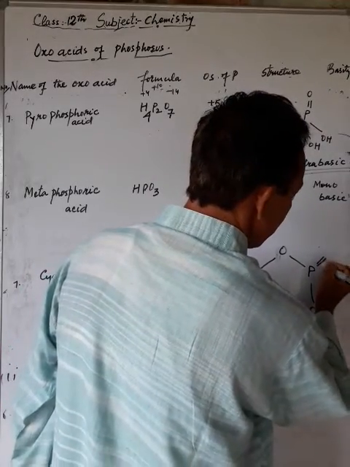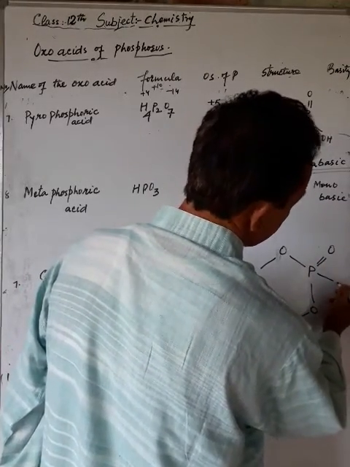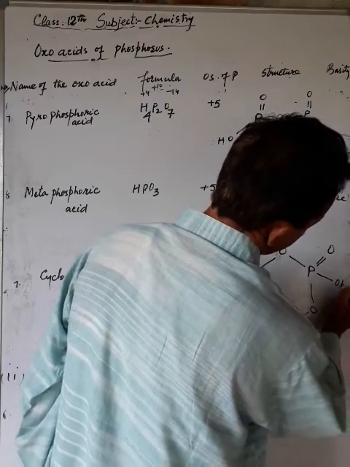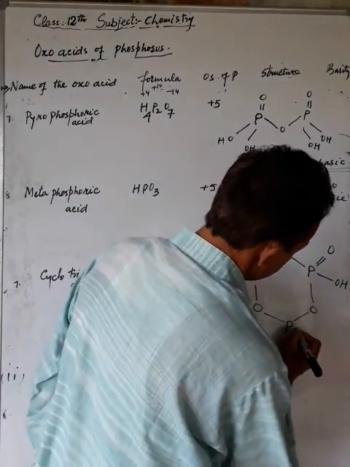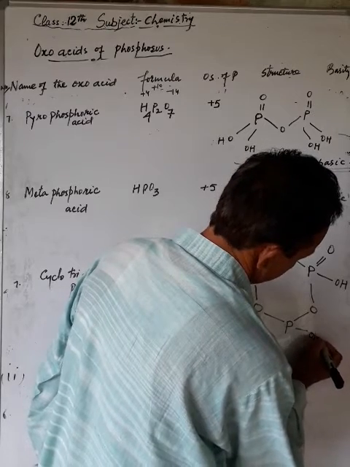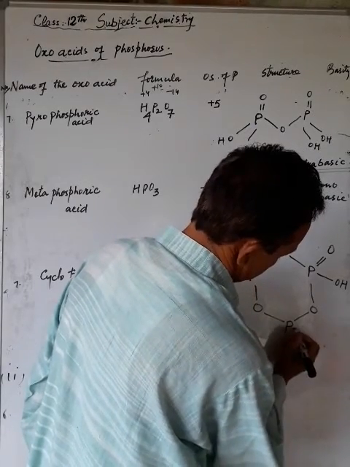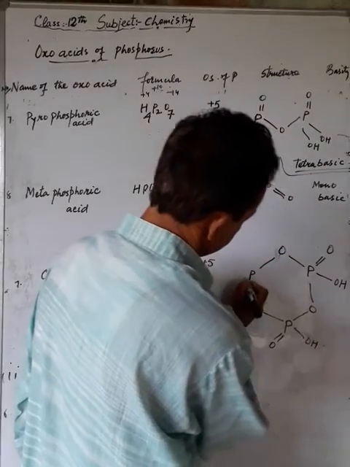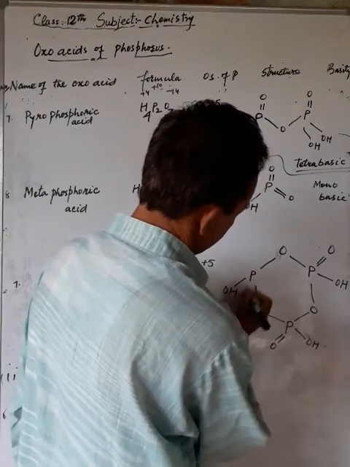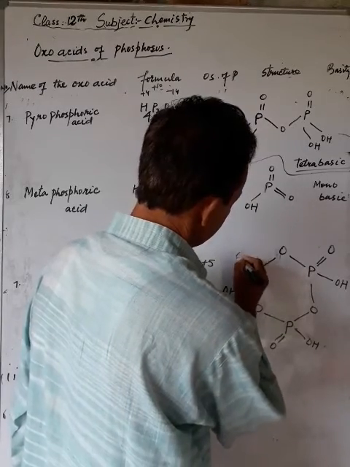Here this is oxygen and this is OH, and this is OH linked to this, then we have a double bond, again we have OH, we have a double bond.